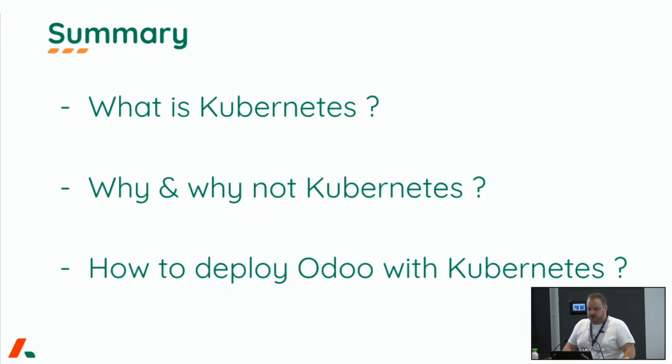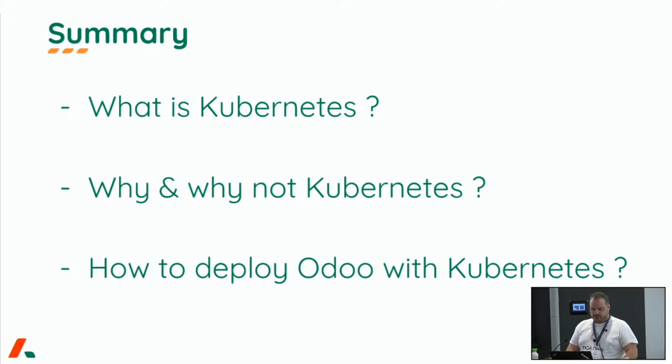And finally, the most interesting part of this presentation, only my opinion, will be how to deploy Odoo on a Kubernetes cluster. What are the various components that make it possible? We will deploy Odoo together on a local Kubernetes cluster. That was for the summary.